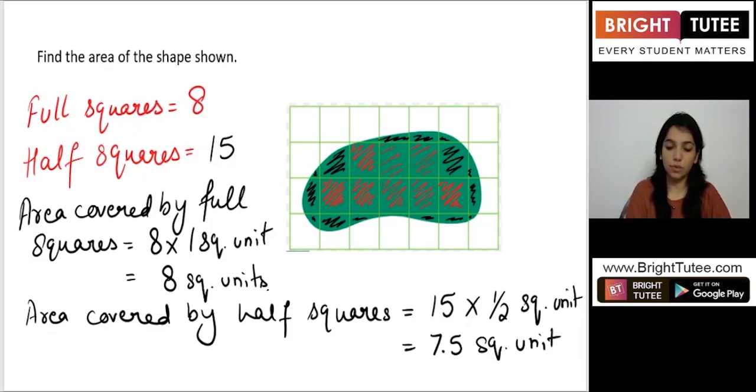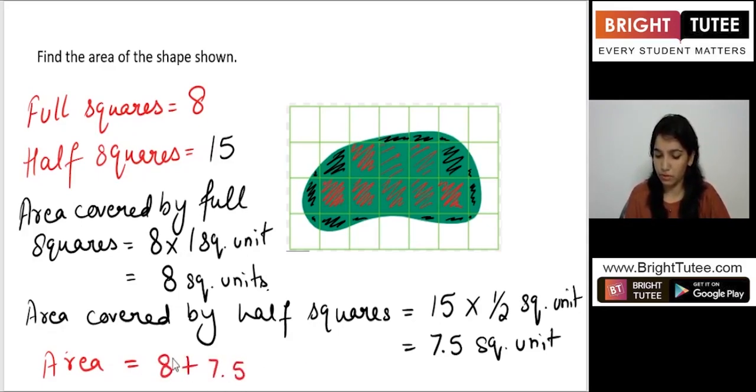Now let us find the area of this particular shape. The total area is equal to 8 plus 7.5, in square units, right? So what is the answer? 7 plus 8 is 15, so it is 15.5 square units. I hope this is clear.